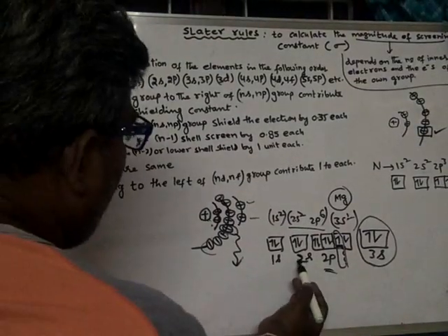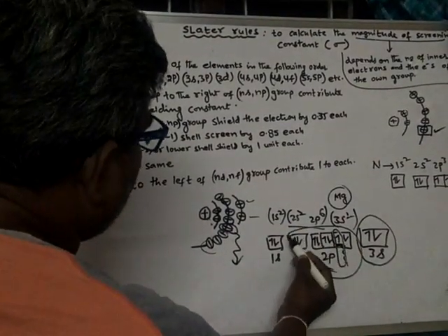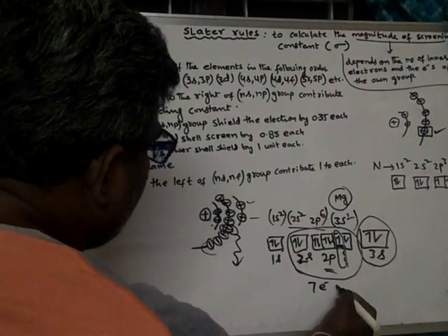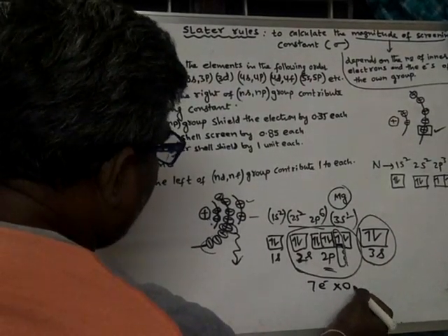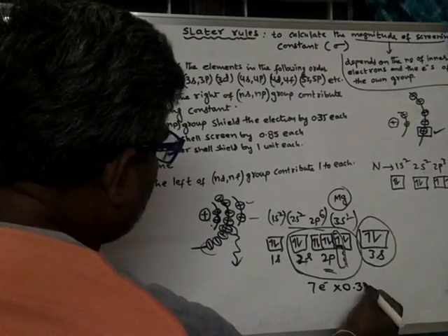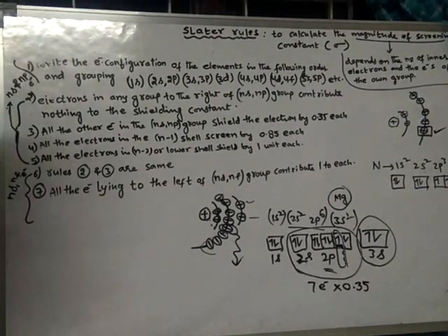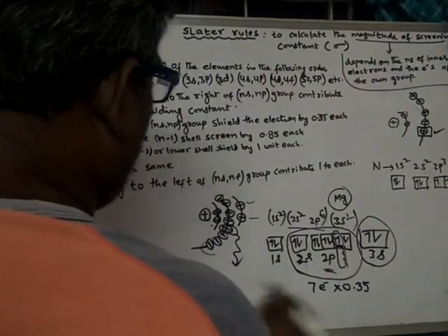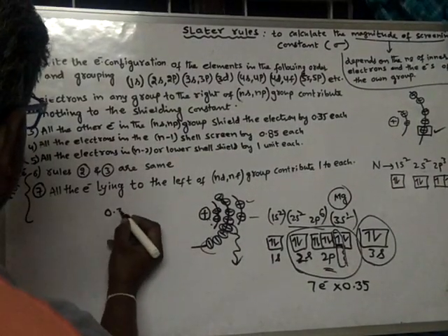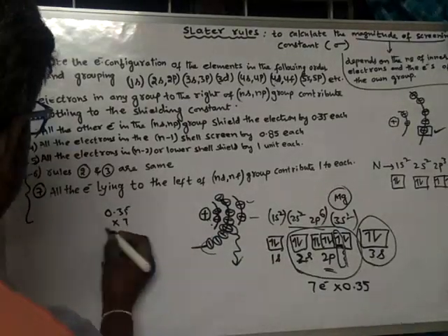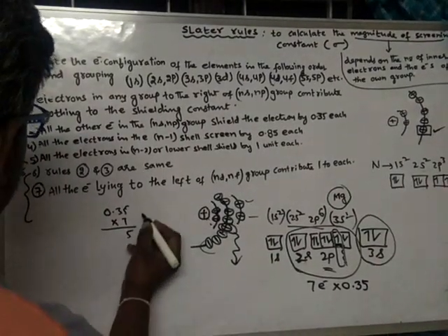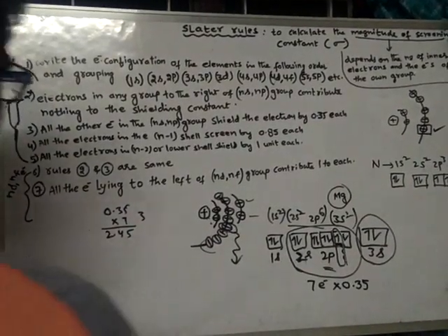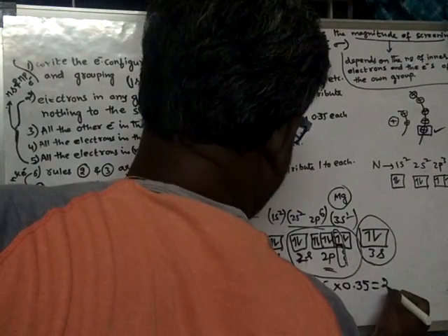That means all these 7 electrons, each electron, will show a screening effect of 0.35. So altogether how much? Calculate 0.35 into 7. 7 fives are 35, 7 threes are 21, 24, 4, 2.45. So it will be 2.45.